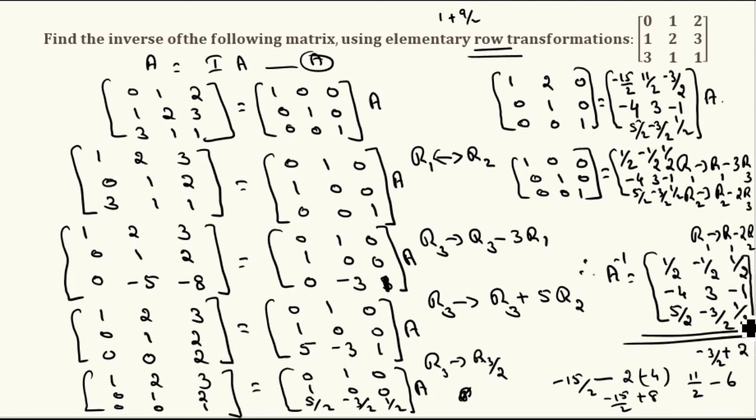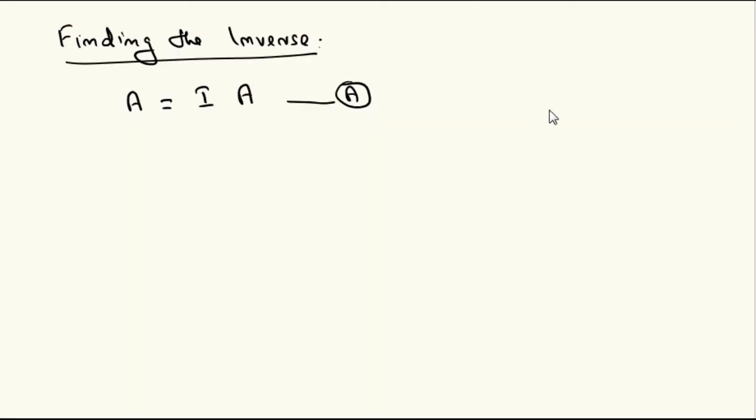So this is for doing this question. You have to remember only one thing. You have to go this way: 1, 0, 0, then again 1, 1, 0, 1, 1, 0, 0, 0.